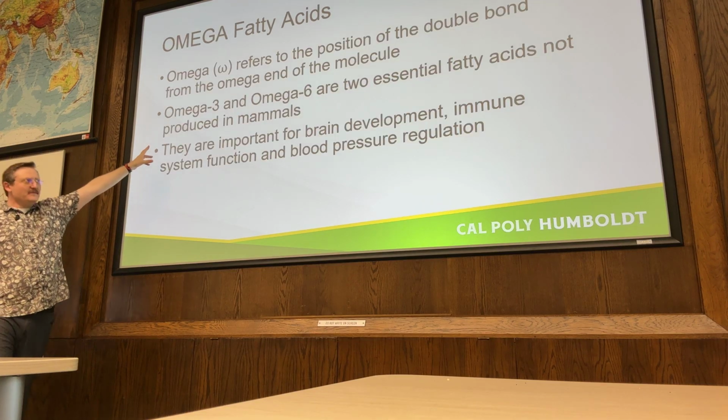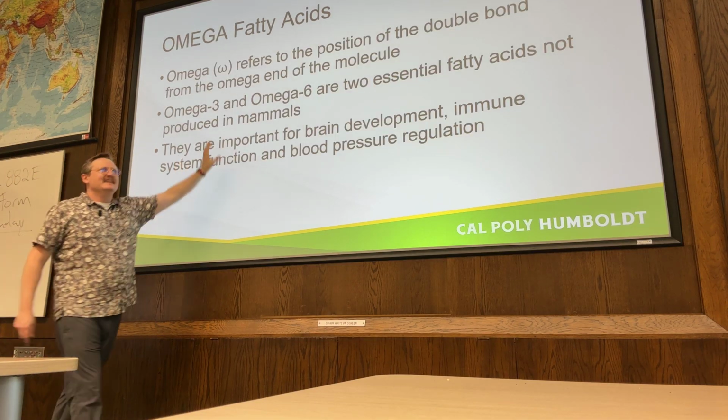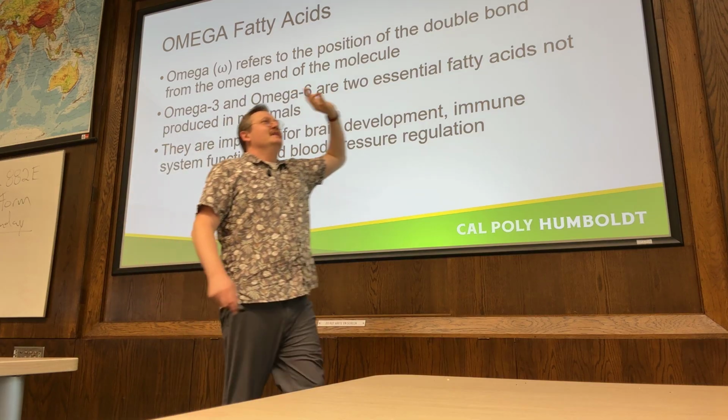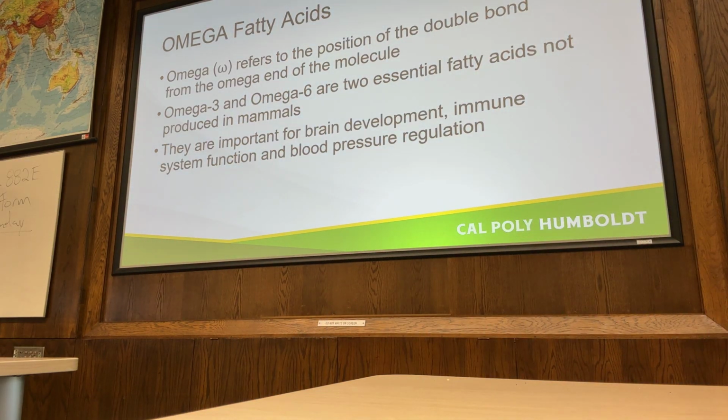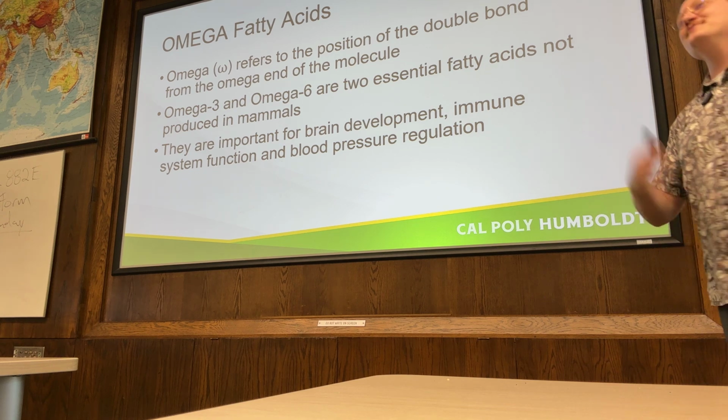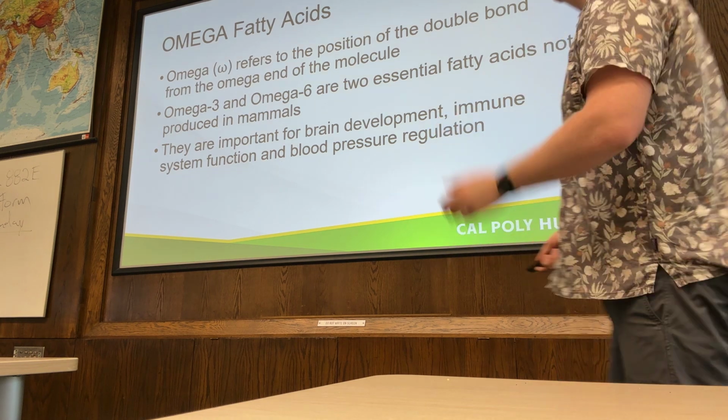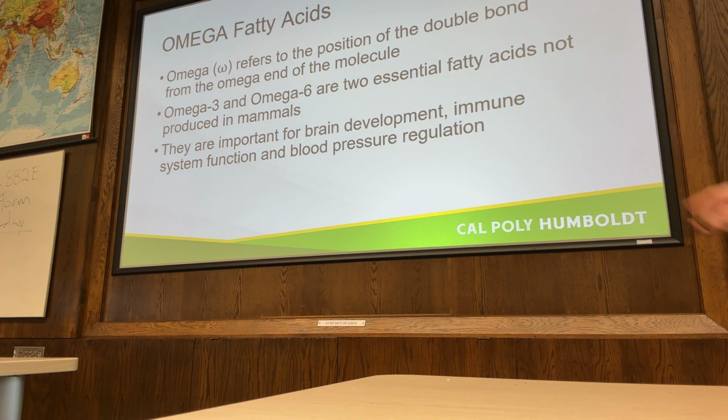So there are these omega fatty acids. There's a whole directionality to these fatty acid molecules, where there's an omega end and an alpha end, and you number where the double bonds are. So omega-3 and omega-6 fatty acids, which you'll see when someone's got fish in it, they'll say, hey, your cat will get a bunch of omega-3s and omega-6s.